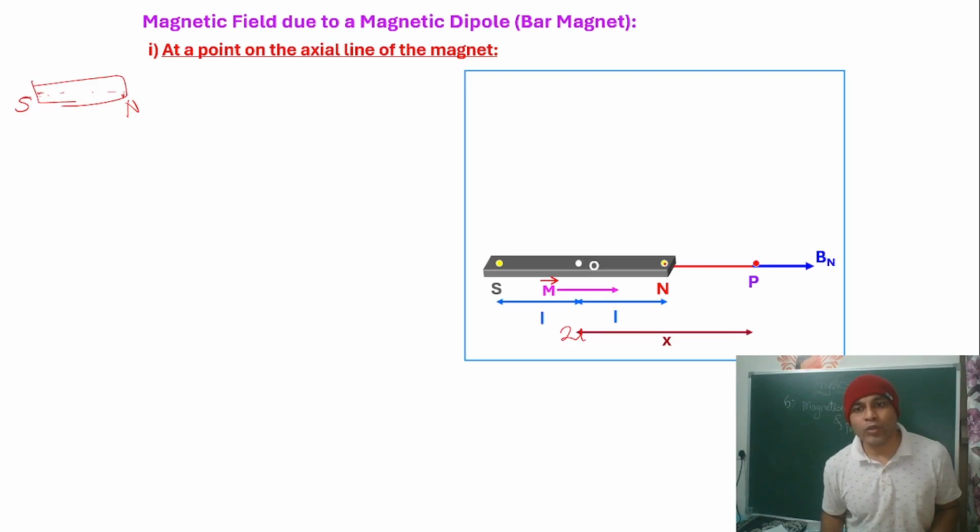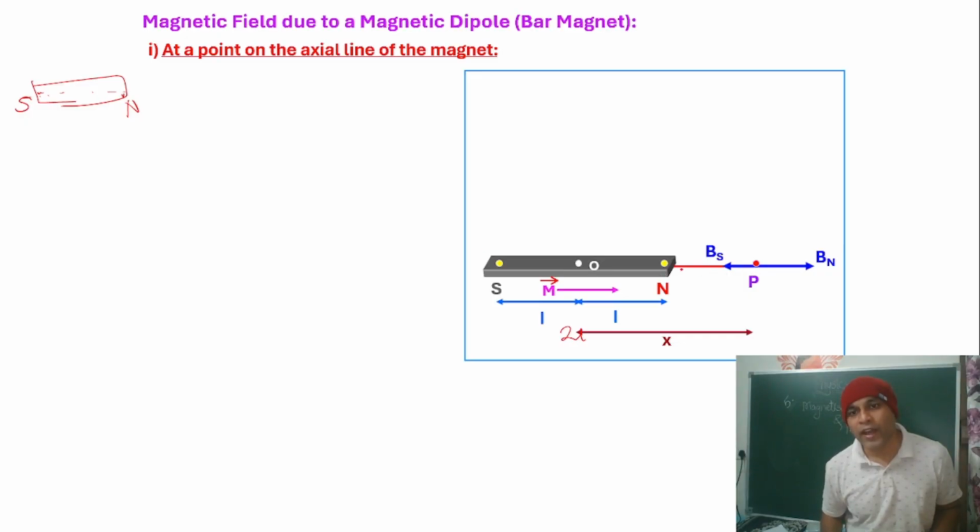Due to the north pole, a repelling force is applied on point P, since it is pushed away by the north pole. That is the magnetic field Bn. It also has an attractive magnetic field due to the south pole.